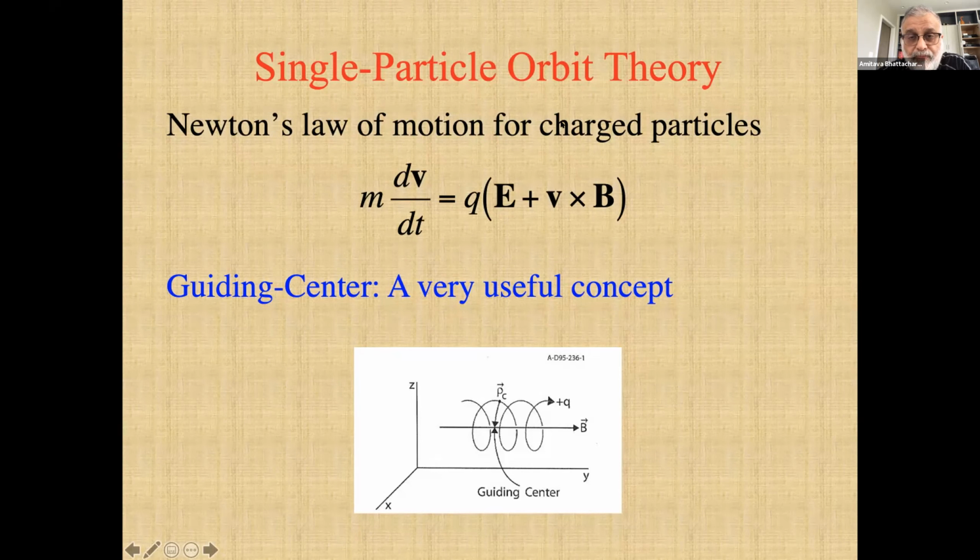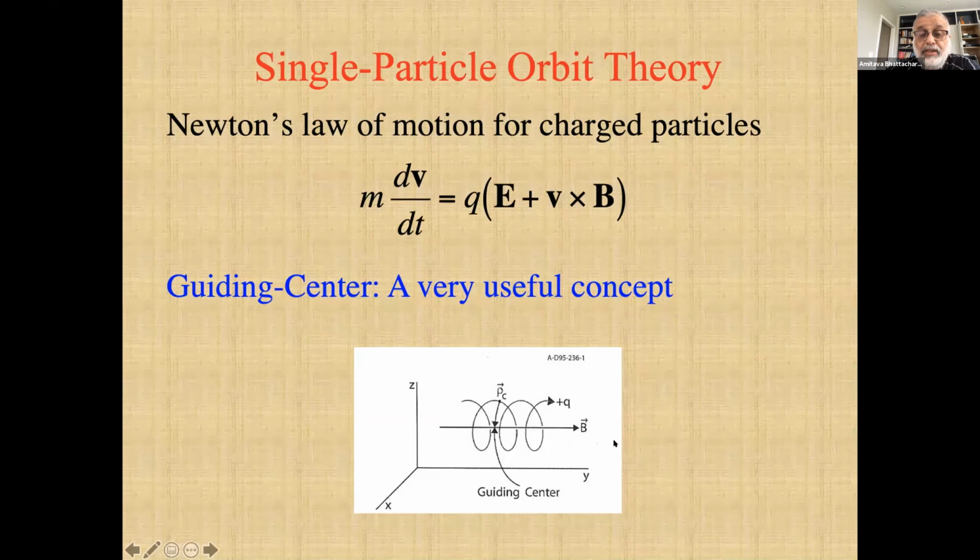And a lot of the motion of charged particles is very useful to think about in terms of the guiding center, which in this particular simple case lies smack on the magnetic field. The particles are gyrating around the magnetic field. The guiding center is a fictitious object designating the center of the cyclotron orbit, but it is not where the particle truly is. The particle is a Larmor radius away, designated here by rho c.